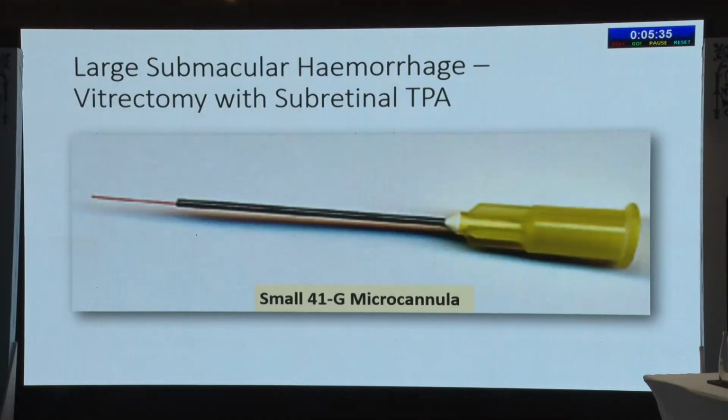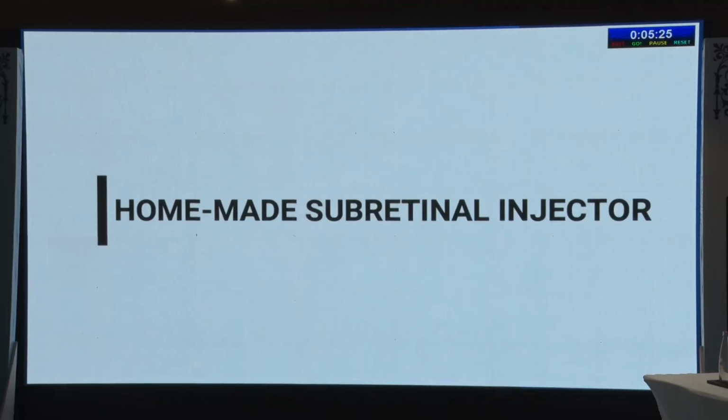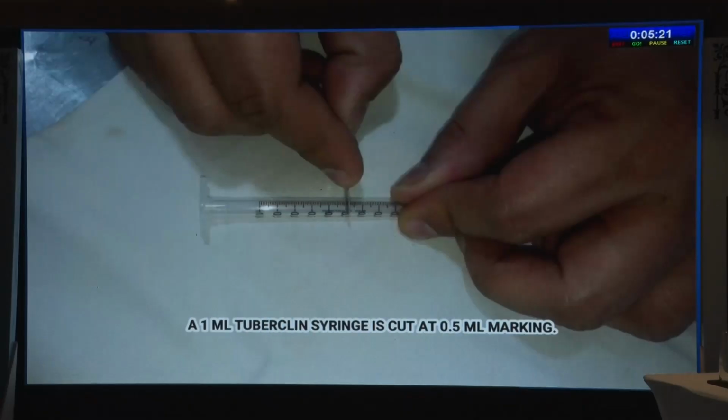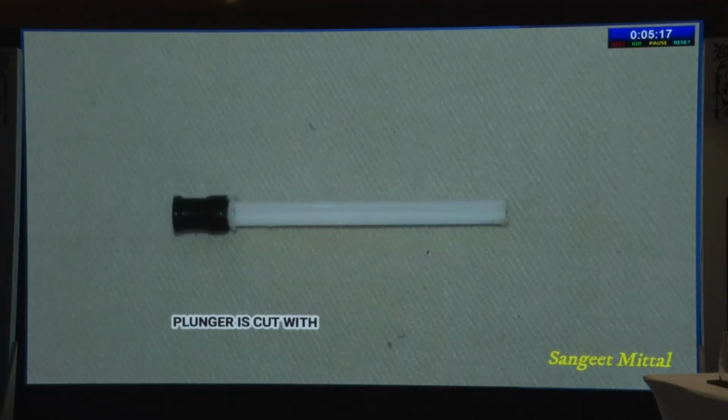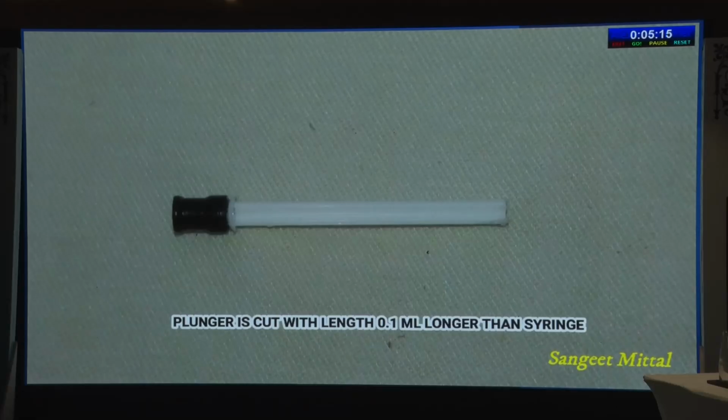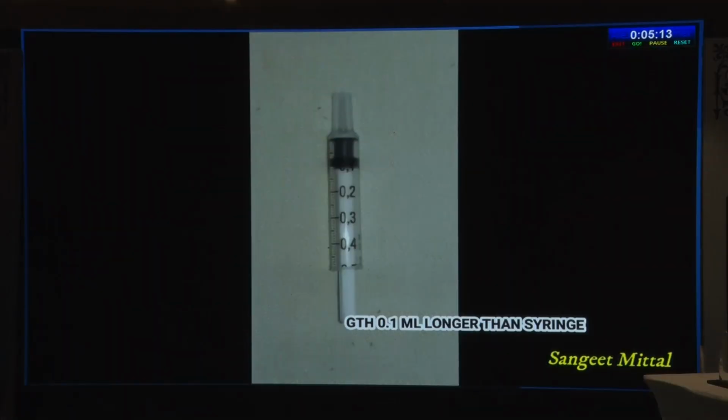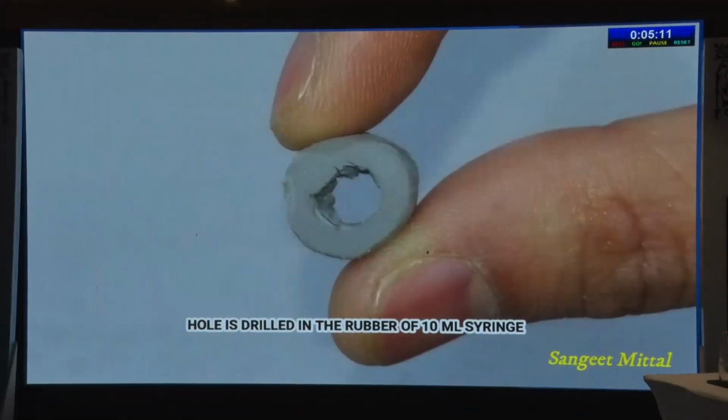For subretinal tPA, we generally use small 41 gauge, 40 gauge or 38 gauge microcannulas to inject tPA. And this is a small video. A small hole is made into the rubber of a 10 ml syringe.